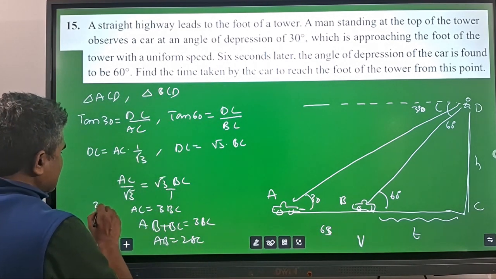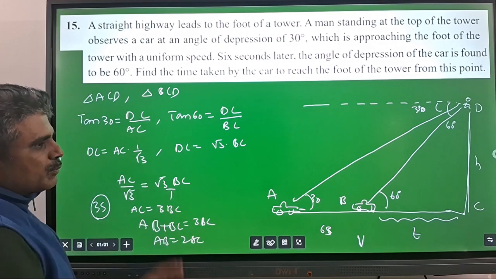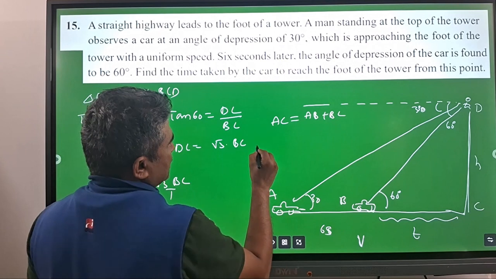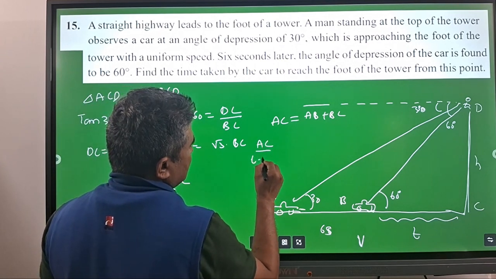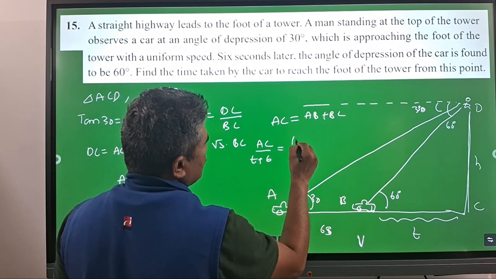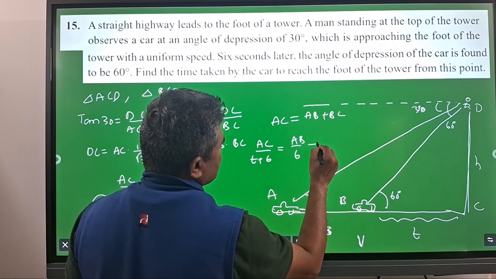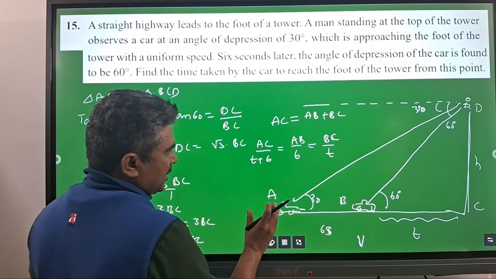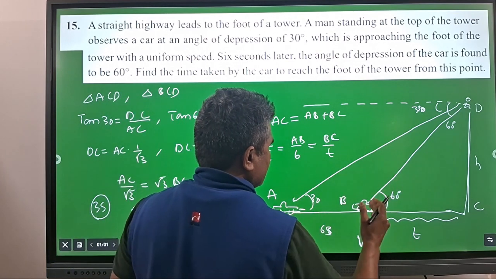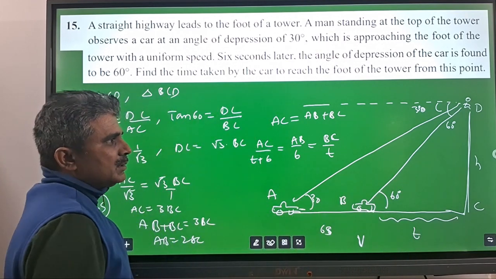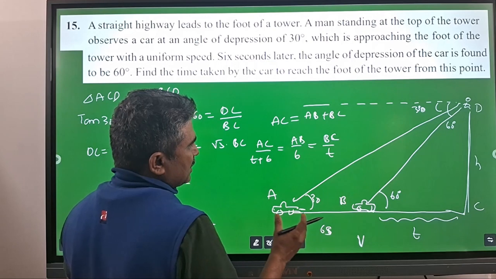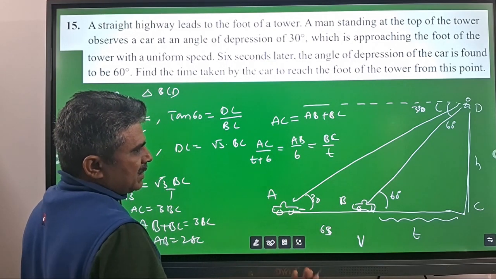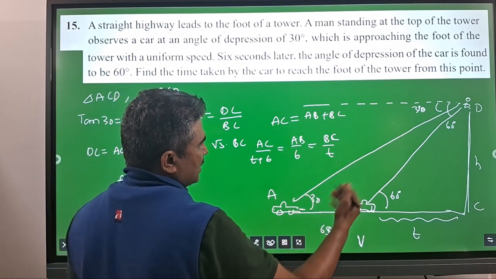So our answer is 3 seconds. Now we will prove how it comes. AC is equal to AB plus BC, and AC by (T plus 6) is equal to AB by 6, which is equal to BC by T. Everywhere, from A to B, A to C or B to C, the car is moving with uniform speed, so the distance with respect to time constitutes a speed, and that speed is equal everywhere.